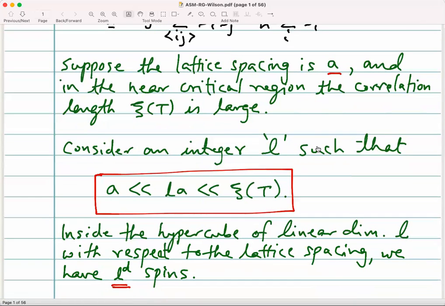Fine. Now, what we are going to do is pick a hypercube of length La in all directions. That means in every direction we have L lattice sites inside this cube. So the linear dimension of this cube is L with respect to the lattice spacing, and therefore the volume of that hypercube with linear dimension La is L to the d times a to the d, of course. Since at every lattice site you have a spin, the total number of spins inside this hypercube would be L to the d.